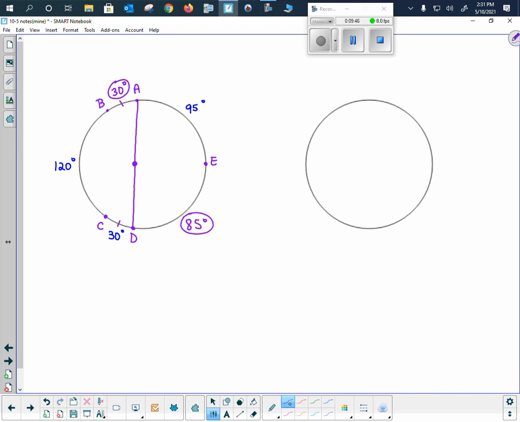Looks like I'm ready to answer any questions that are thrown at me. So let's find arc AE. AE is 95 degrees. That's its measure. How about arc BC? We found that was 120 degrees, if you're reading it off the picture correctly. And last, how about arc BE?